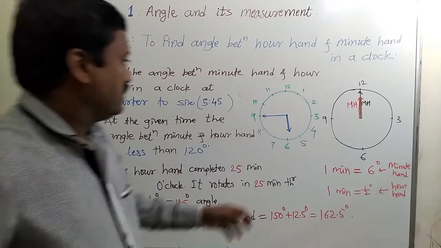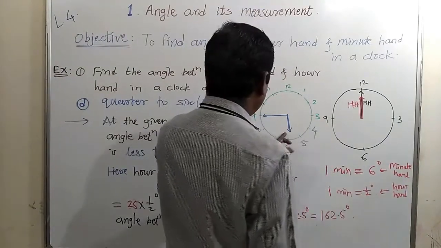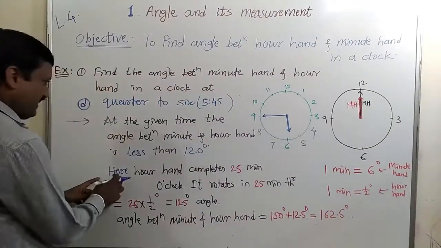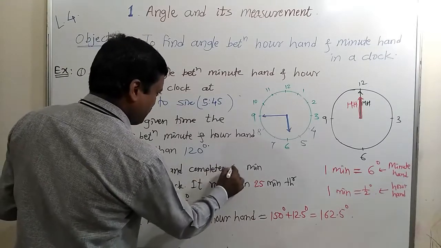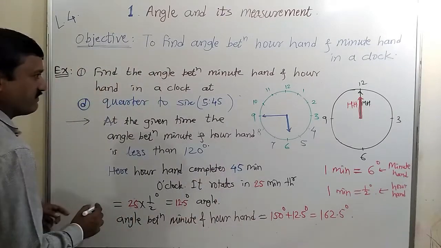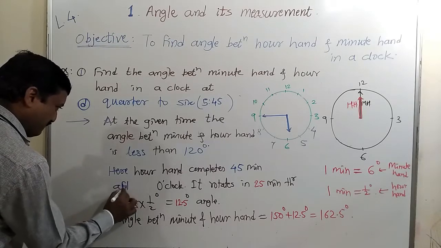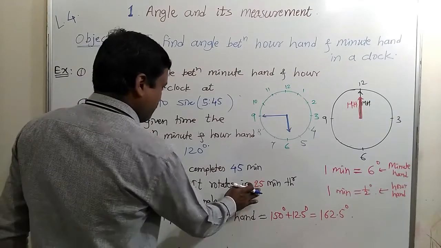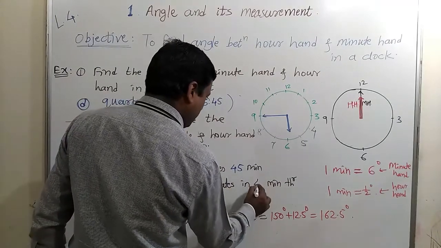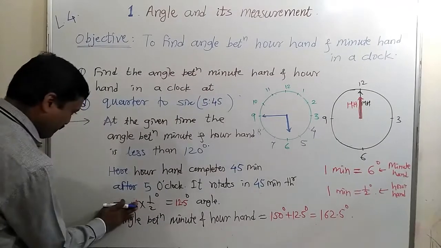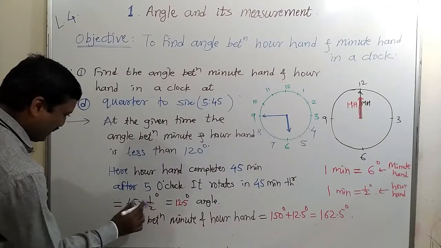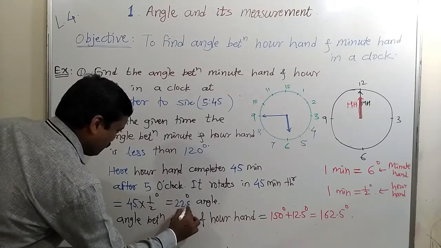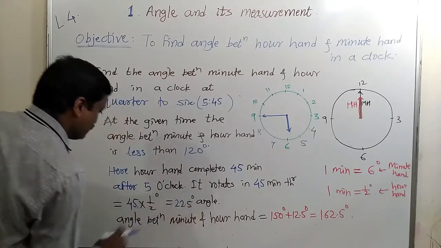So here less by 15, 45 minutes are there. So here hour hand completes 45 minutes after 5 o'clock. So it rotates in 45 minutes through 45 into half degree, that will be 22.5 degree.